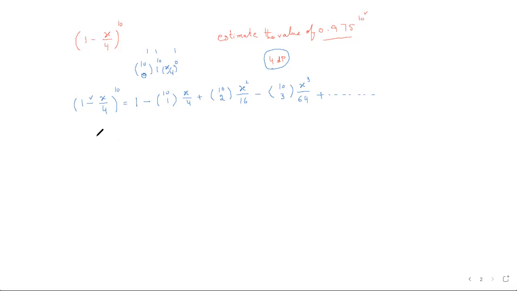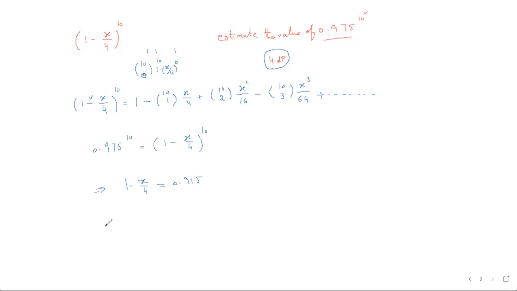Now what we want to find is 0.975 to the power 10. So we would say that this is, in this form, (1 minus x over 4) to the power 10. This means that in principle 1 minus x over 4 is equal to 0.975, isn't it?